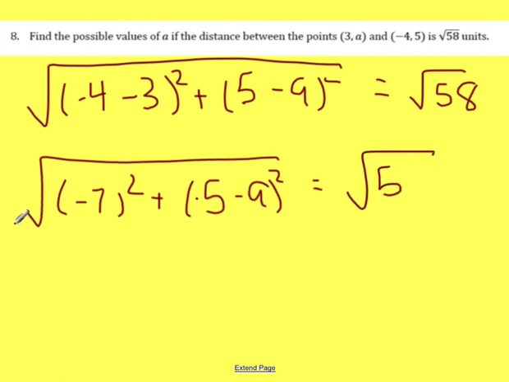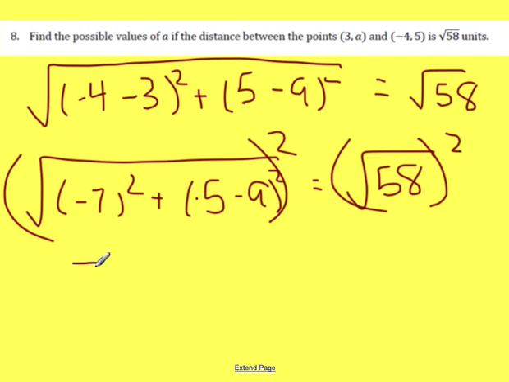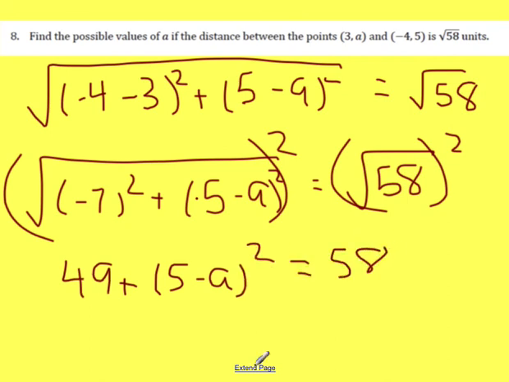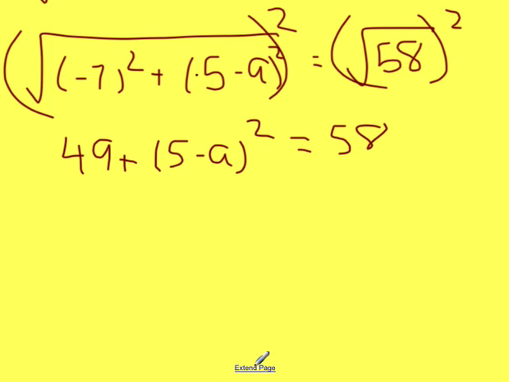Now I have those radicals completely isolated, so I'm going to square both sides. I get negative 7 squared, which is 49. That radical is going to go away. So I have 49 plus 5 minus a quantity squared is equal to 58. It's equal to 58 because when you take the square of the square root, you just get that number.